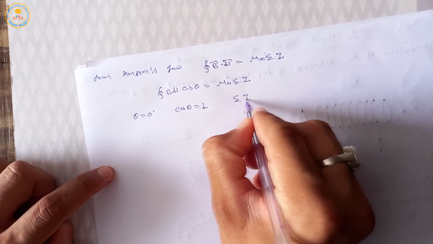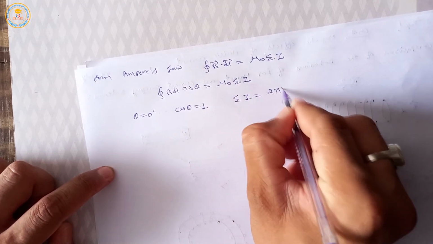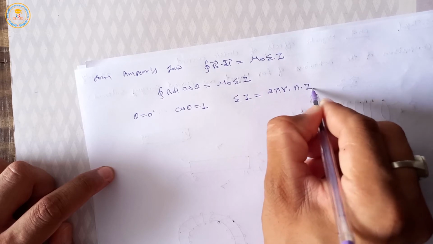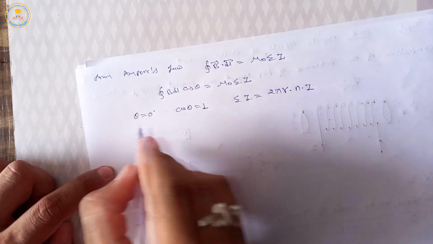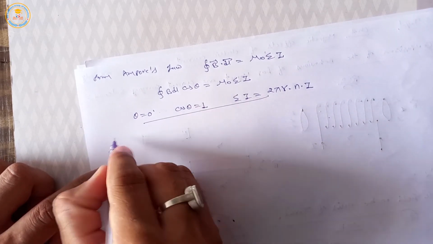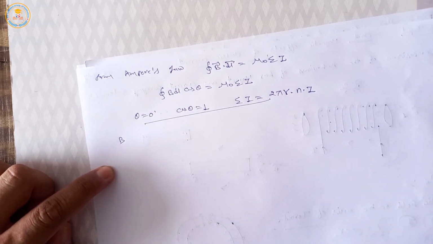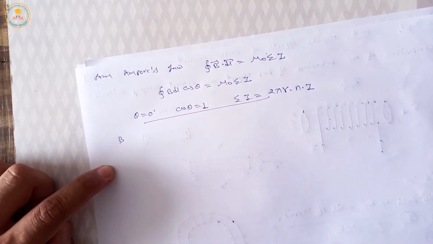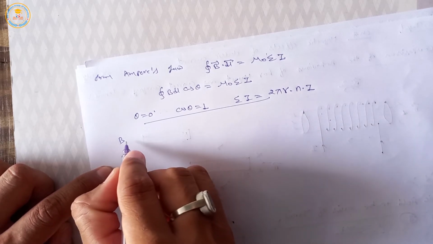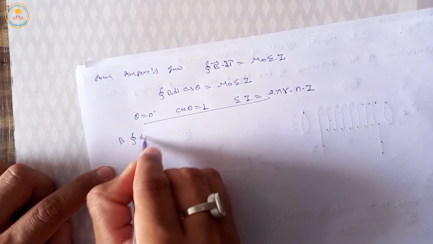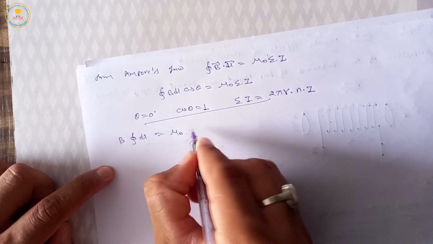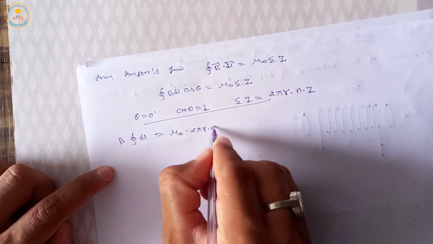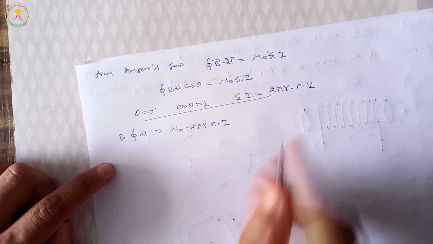And summation I is equal to 2 pi r into n into I. Put these values in the above equation, and here the magnetic field remains the same at every point. So B times the closed integral of dl is equal to mu naught into 2 pi r into n into I.